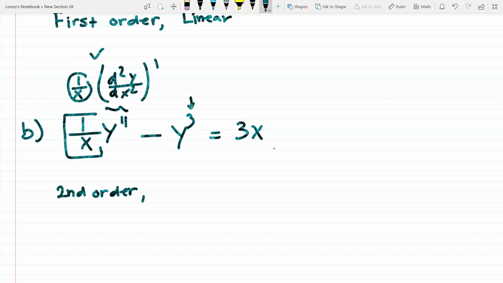Because this is to the power of 3. It has to be to the power of 1, right? The derivative, and in general the y, has to be to the power of 1. So this y double prime is fine because it's a second derivative to the power of 1. That's why this term is linear. This one is not. This is to the power of 3, and 3 is not linear. It has to be to the power of 1, so that's why it's nonlinear.